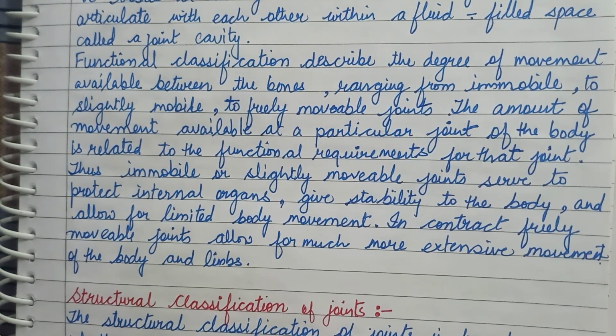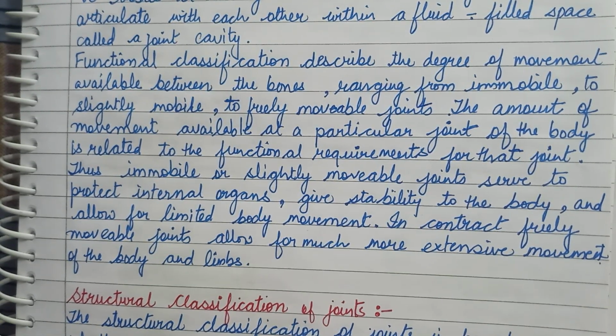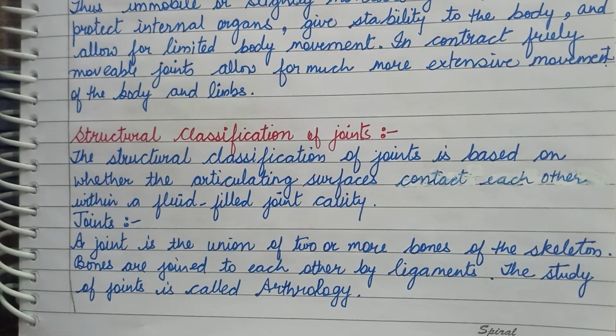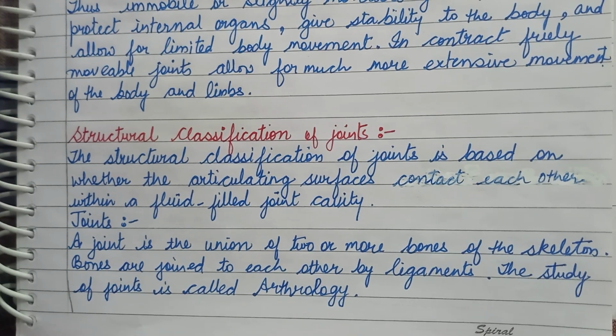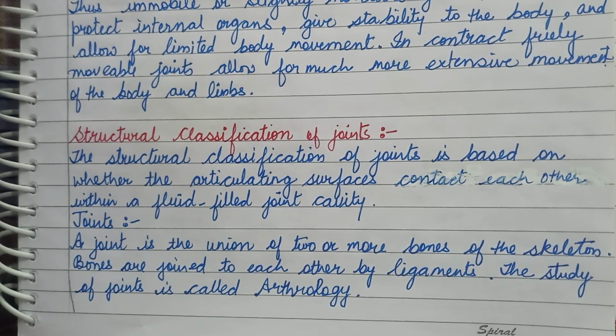In contrast, freely movable joints allow for much more extensive movement of the body and limbs. Structural classification of joints: the structural classification of joints is based on whether the articulating surfaces contact each other within a fluid-filled joint cavity.